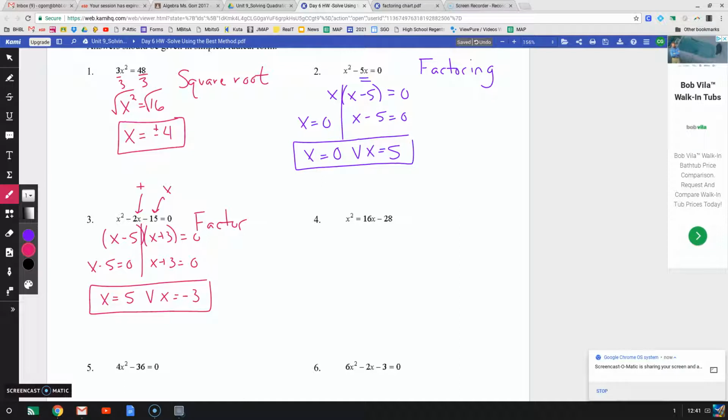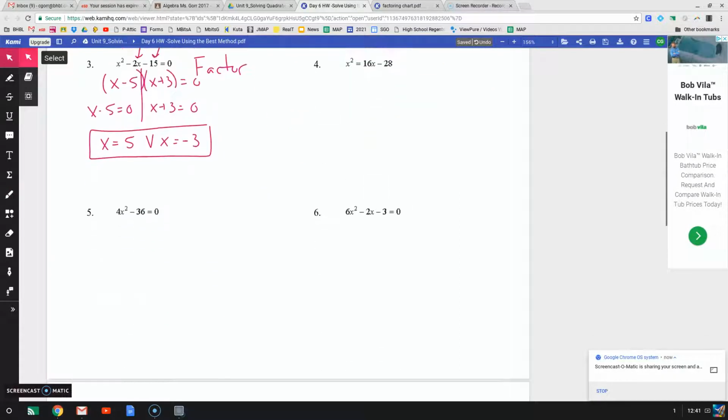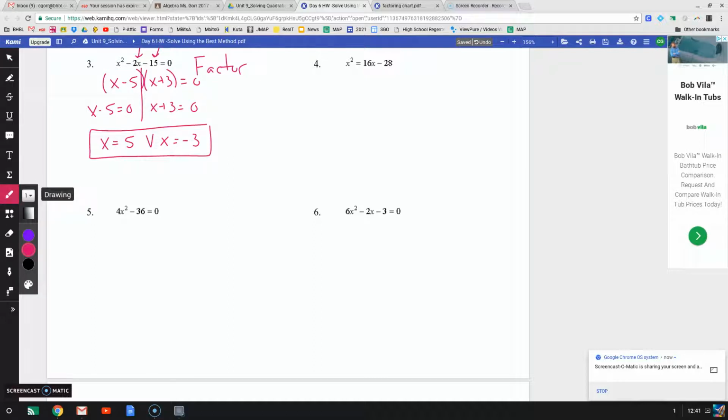Skipping ahead to number 6. I'm looking at what could be my best method to solve this. I can first think about factors of 18. Are there any factors of 18 that are going to add to negative 2? With a quick thought, I realize that nope, I cannot find any factors here.